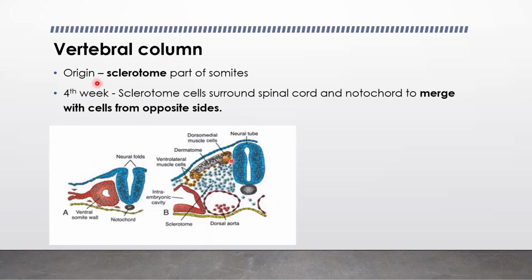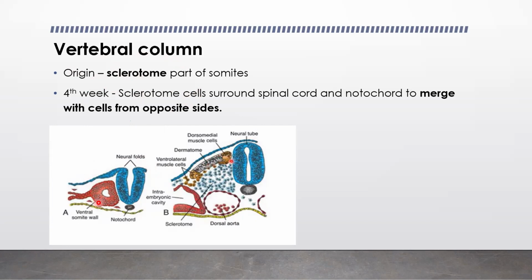During the 4th week, the sclerotome surrounds the neural tube. So ideally, you have the paraxial mesoderm, which undergoes somitogenesis. Somitogenesis means formation of somites.